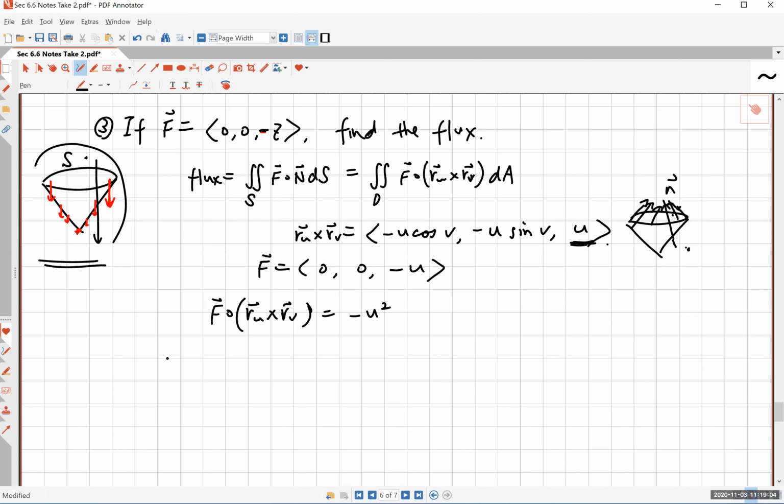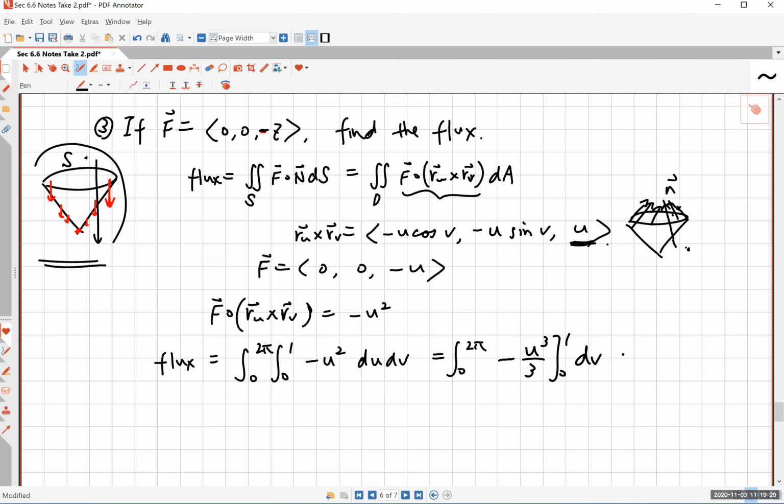Okay, that's pretty simple. And so the flux for this will be the integral from 0 to 2 pi, from 0 to 1, of negative u squared, and that is the whole thing here. And then you have the u du dv. Okay. And so now it becomes negative u cubed over 3 going from 0 to 1, dv.